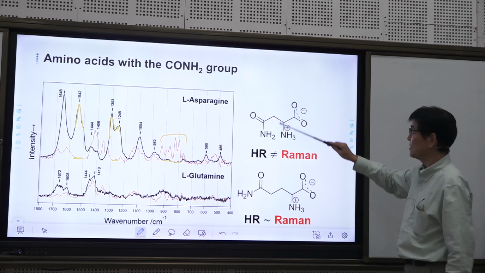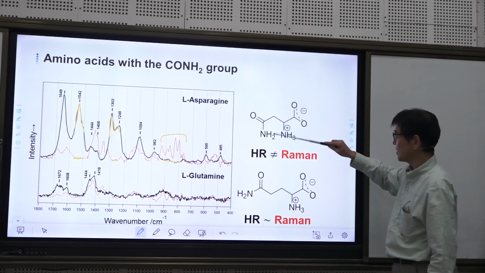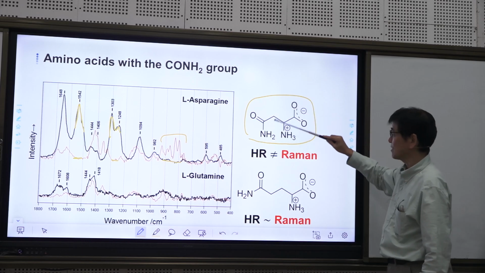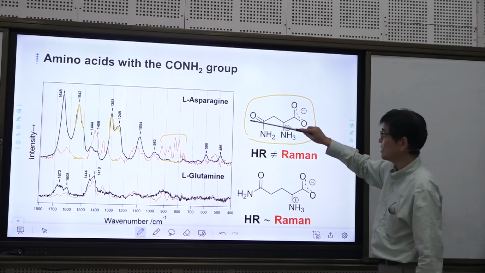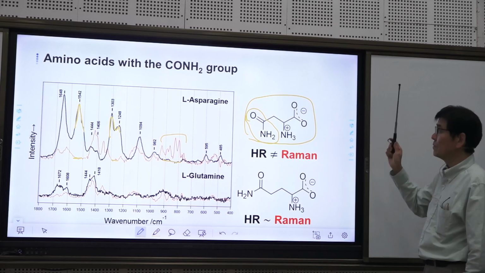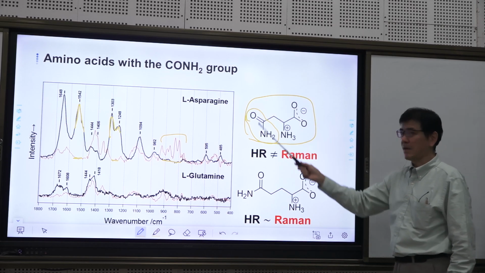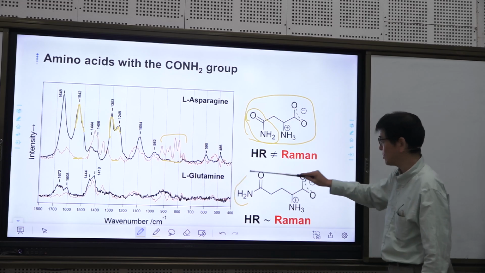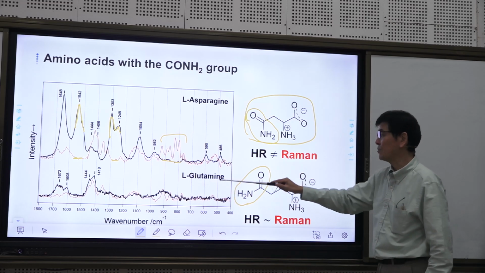The structure of L-asparagine is shown here. It has the functional group CONH2. There is another amino acid having a similar structure, CONH2. This is glutamine.